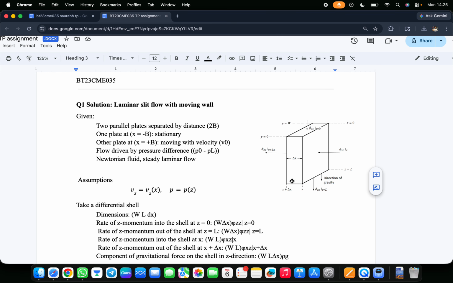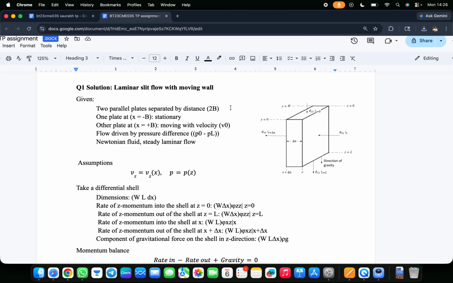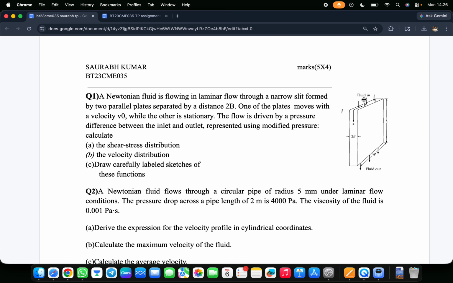This is our z direction, this is y direction, and this is x direction. So now we can take out the given information first. Two parallel plates separated by 2b, one plate at minus b is stationary and another at plus b. First we have to find the origin.